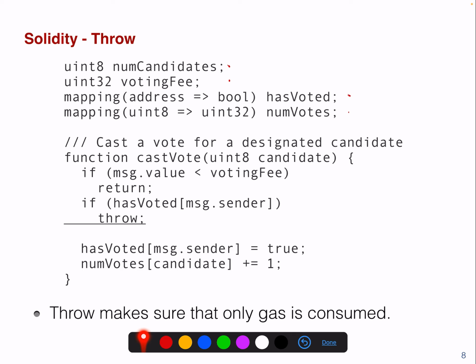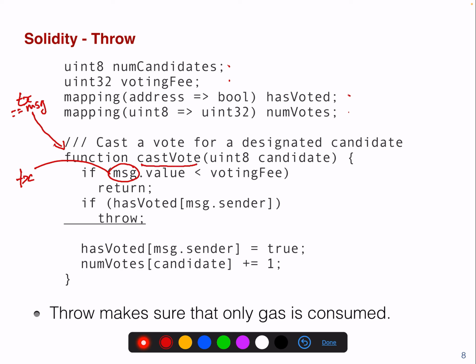Okay. So what this program checks here, it checks message.value. So message.value is basically equivalent to the transaction that is incoming, that is calling this function here. Right? The transaction is basically equal to the message that is calling this particular cast vote transaction.